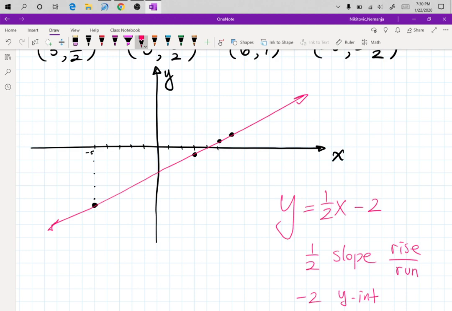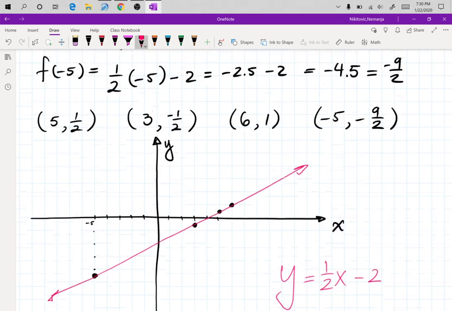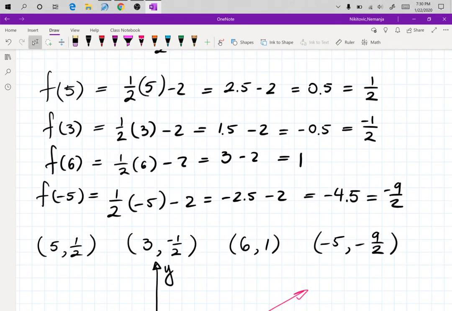So, if you don't know what the graph looks like, you can always do this. Pick your points, as long as they're in the domain and you're able to compute the y values. It creates the ordered pairs, which you can graph and connect with the line.